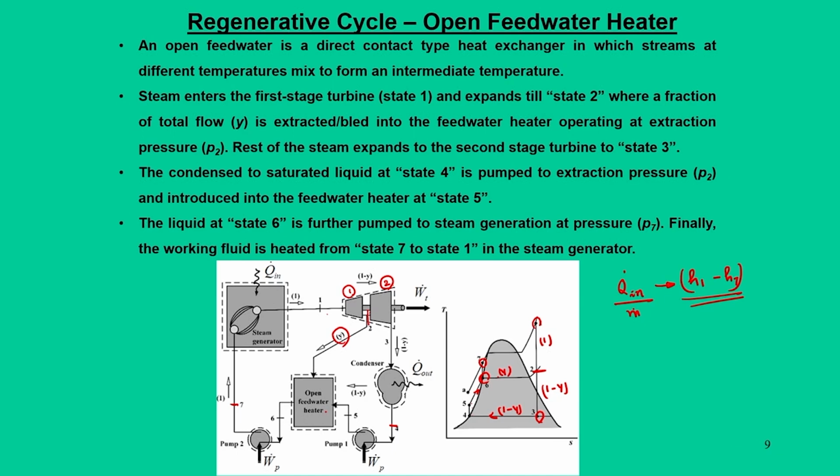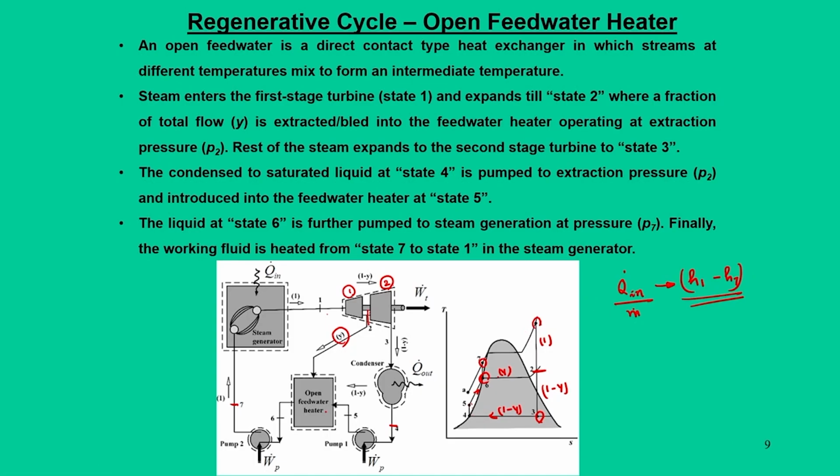Had this process been done without regeneration, the boiler load would have been bringing the state from 5 to 1. Now, it becomes only from 7 to 1. So, through this process your heat addition into the boiler is reduced.